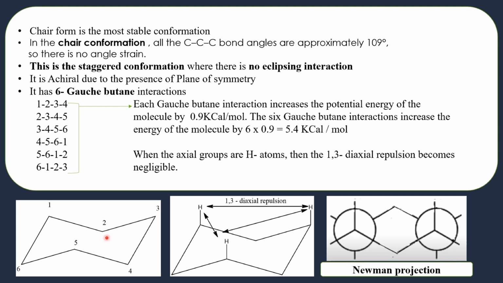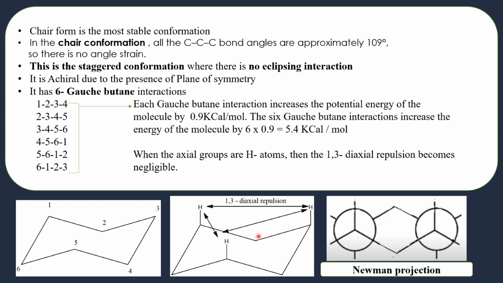In the planar form, there were 12 CH-CH eclipsing interactions, and those eclipsing interactions are absent here as all CH bonds are staggered. Since the angle strain is not there, no eclipsing interaction is there, this chair form becomes more stable.